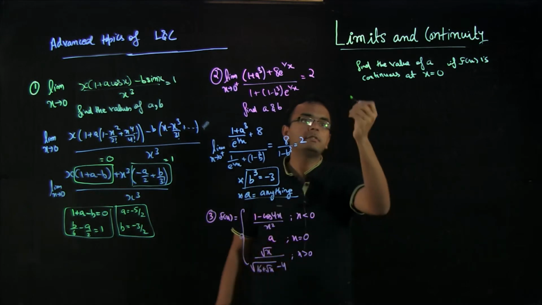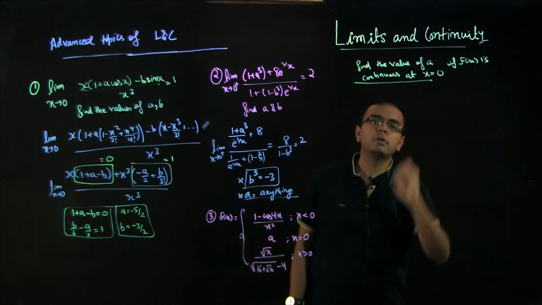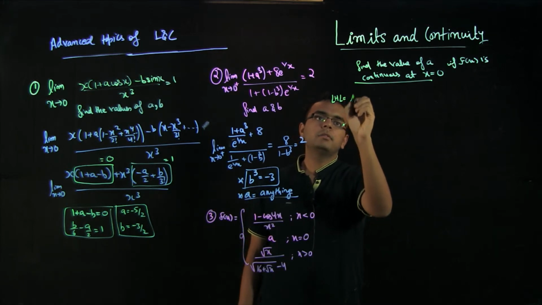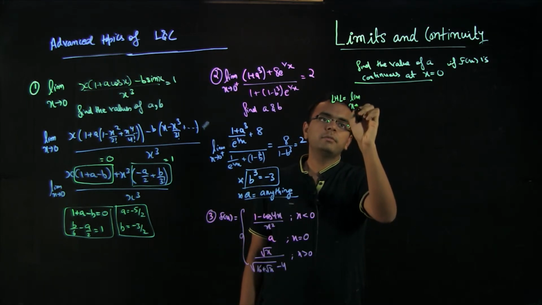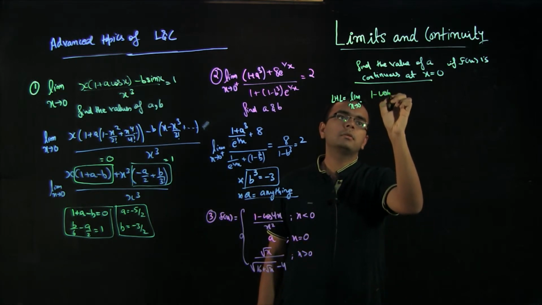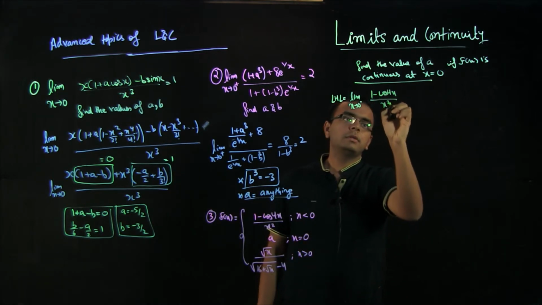Since we have been given that it is continuous at x equal to 0, we'll first evaluate the left hand limit, which is limit x tends to 0 negative of 1 minus cos 4x by x square. There are two ways to do it.